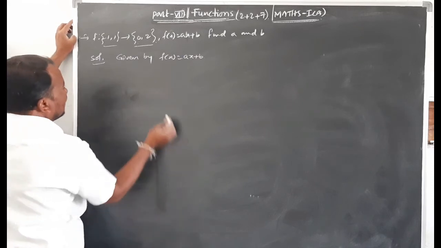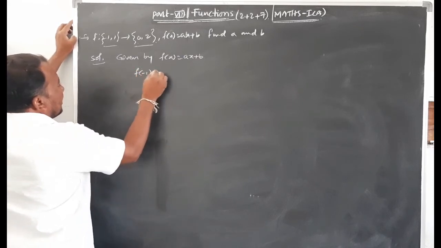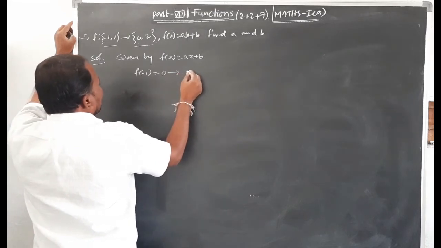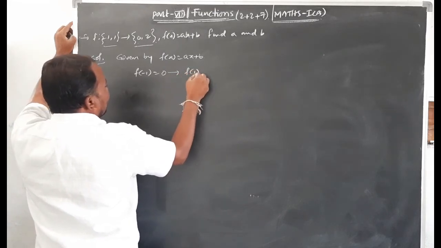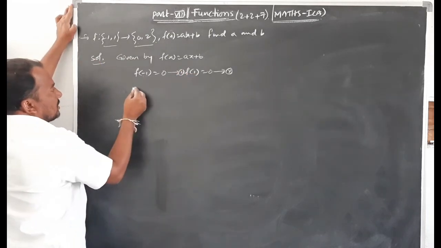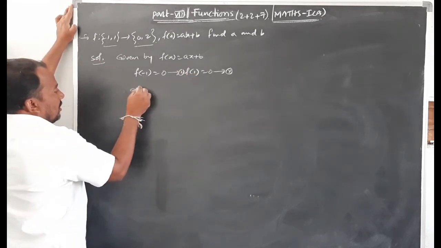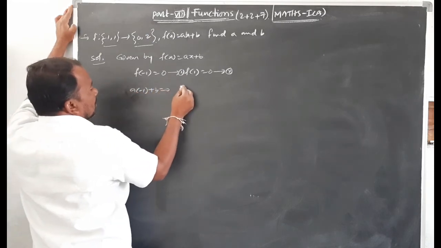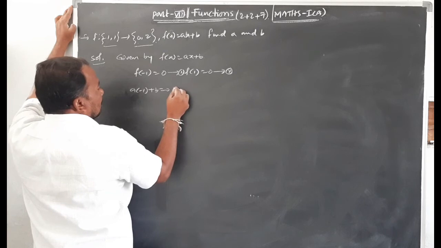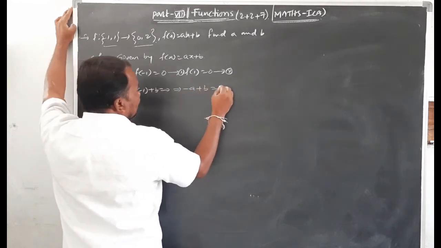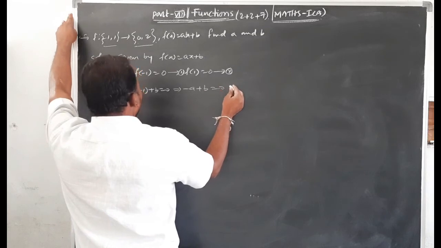So f of minus 1 equals 0. Suppose f of minus 1 means a of minus 1 plus b equals 0. This implies minus a plus b equals 0.